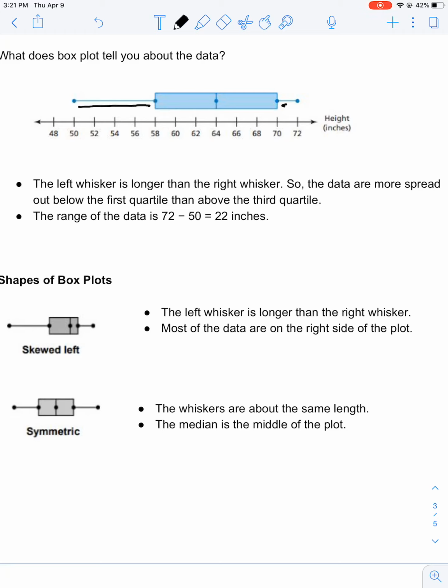And here's our right whisker here. And you can see that the one side's longer than the other. So the data is more spread out below the first quartile than above the third. And then it says the range of data is 22 inches. In other words, 72 minus the 50.